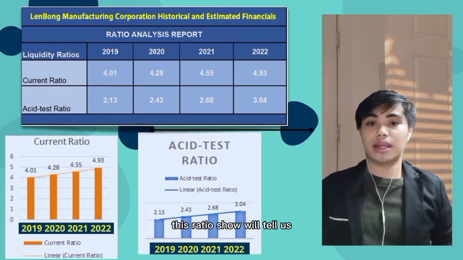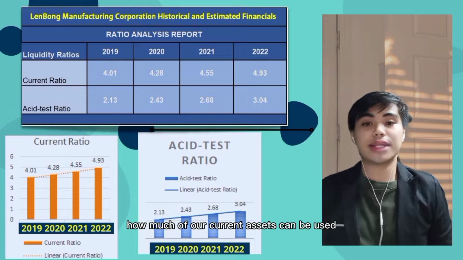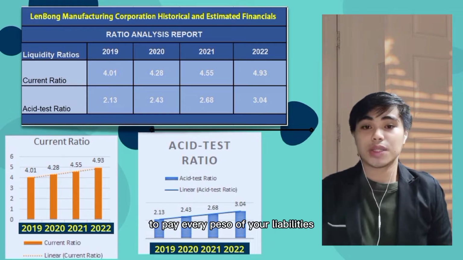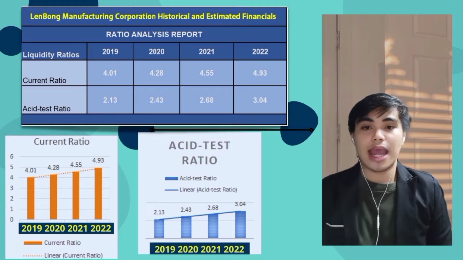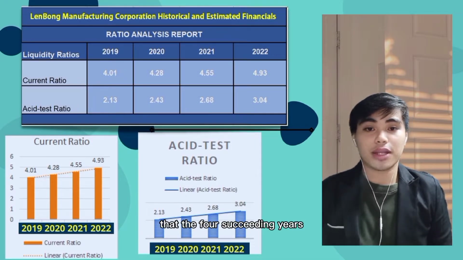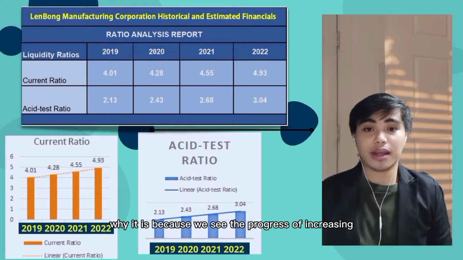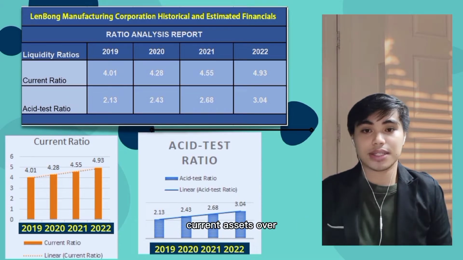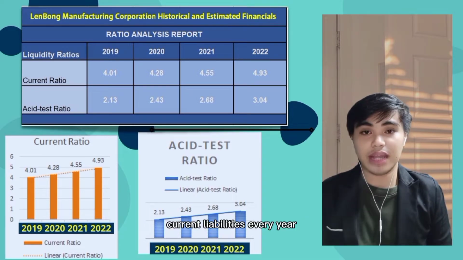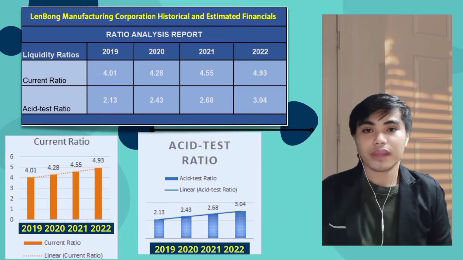This ratio will tell us how much of our current assets can be used to pay every peso of our liabilities. As you can see, the four succeeding years have resulted in a good current ratio. Why? It is because we see the progress of increasing current assets over current liabilities every year.